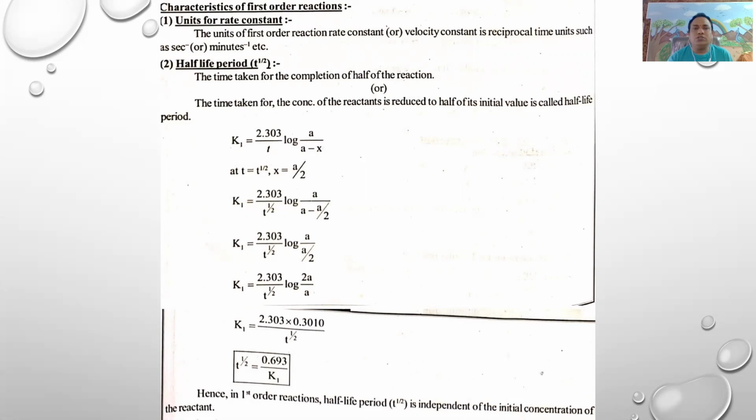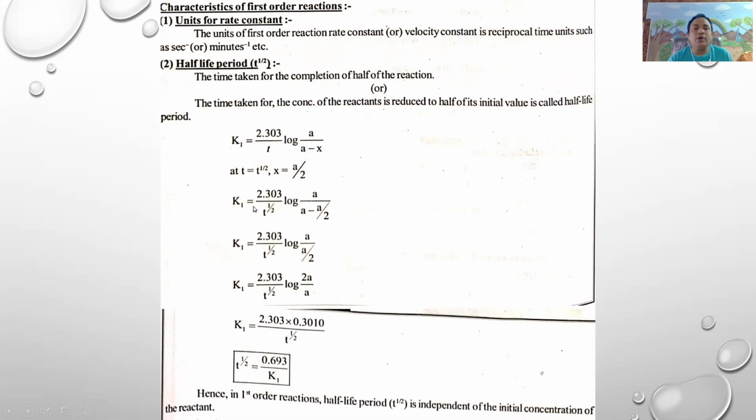Here, to derive the relation between the half-life period and the first order rate constant, take the first order rate constant equation, that is K1 equals 2.303 by t log a by a minus x. To derive the relation between the first order rate constant K1 and the half-life period t half, substitute t equal to t half and x equal to a by 2 in the above equation.